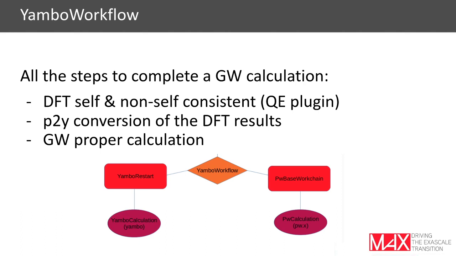This means that, providing all the inputs, you can calculate from scratch, starting from the DFT towards the GW proper calculation. And as both Quantum ESPRESSO and Yambo use the restart work chains, here the error handling is automatically ensured.